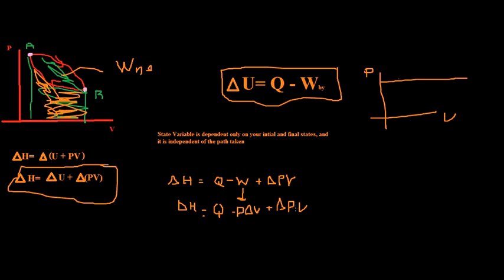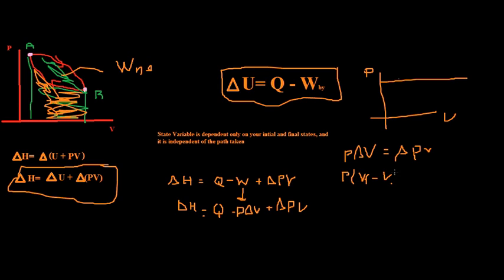Let me write the mathematical formula for why these two must be equal. To prove this, we basically have to show that P change in V equals change in PV, in order to cancel these two terms. So P change in V could be written as P times V final minus V initial.